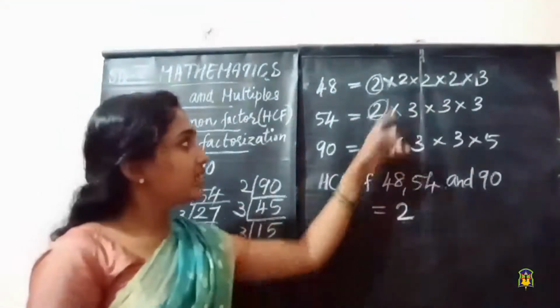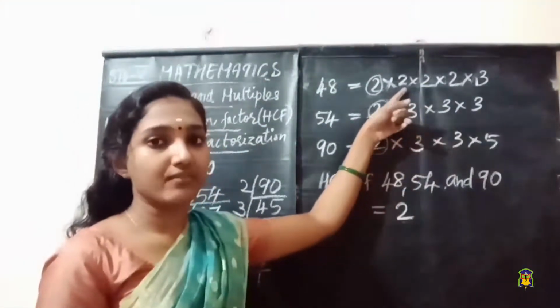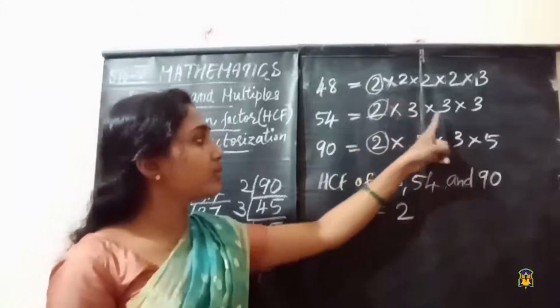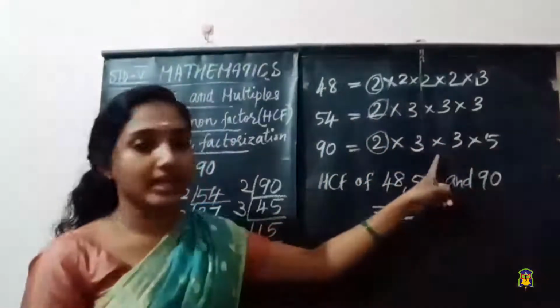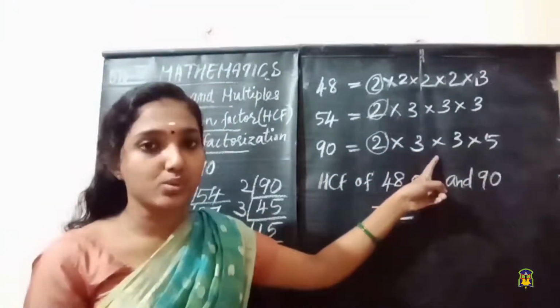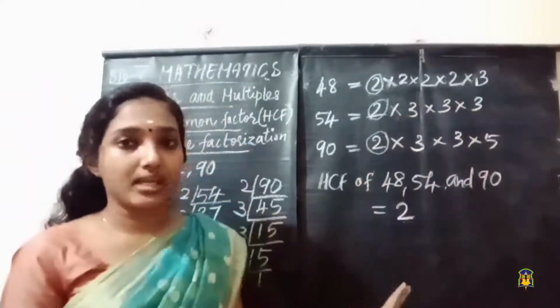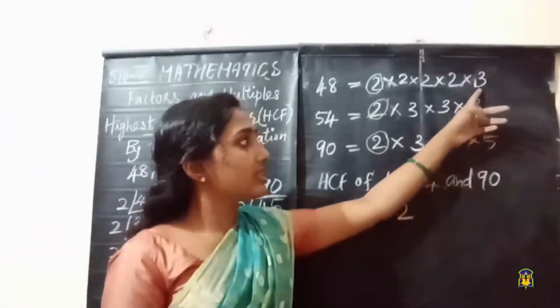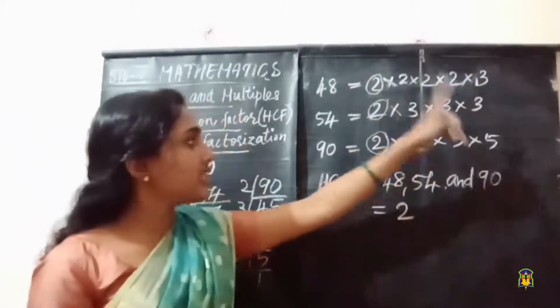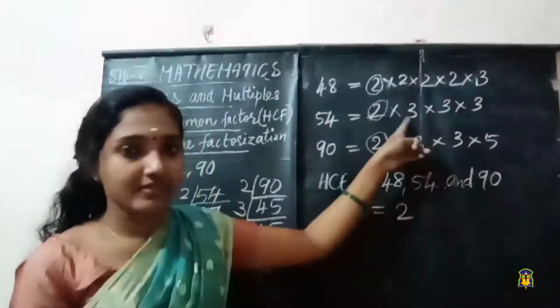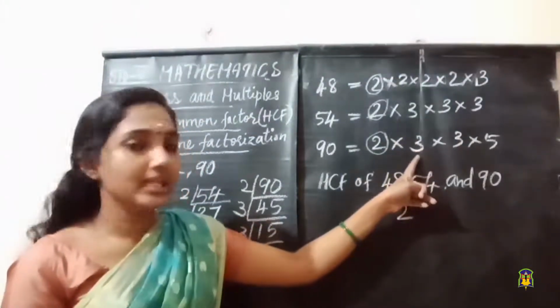Next, looking for the next 2, we can find this 2 in 48, but no more 2's are there in 54 and 90. So 2 is not common, and no other 2's can be taken. Next, moving on to 3. 3 is there in 48, there is a 3 in 54, and there is also a 3 in 90.